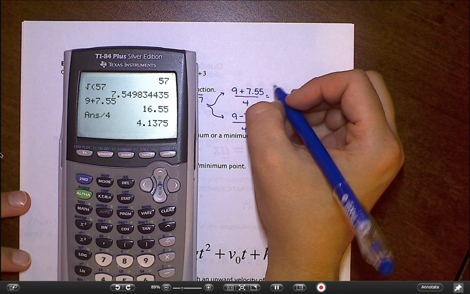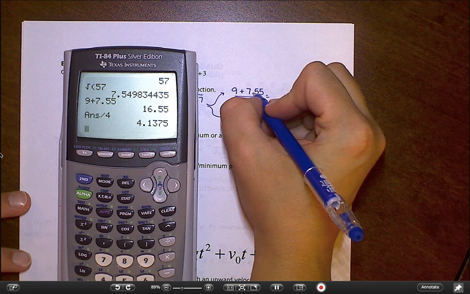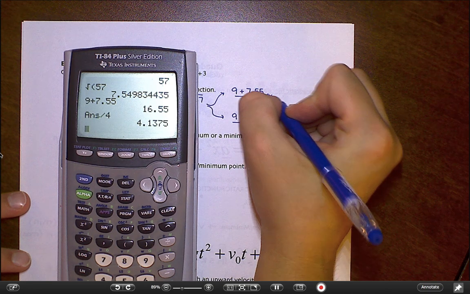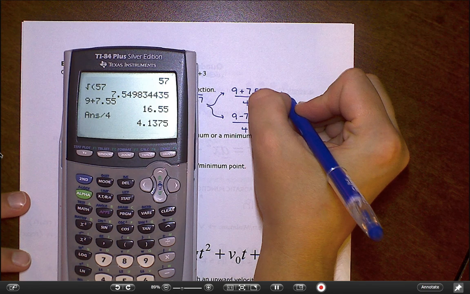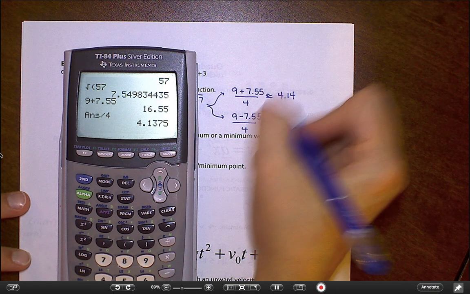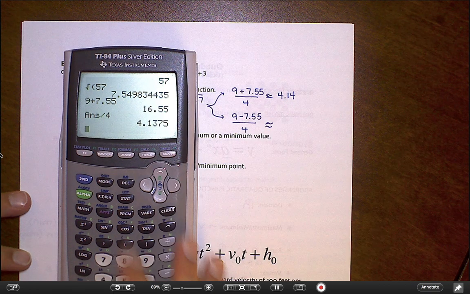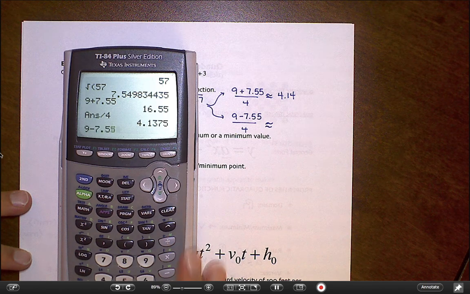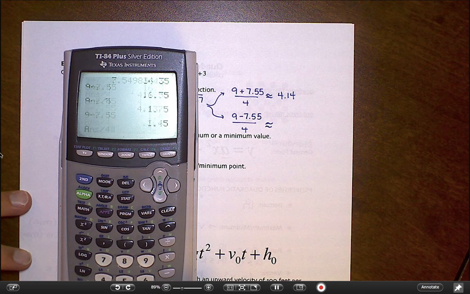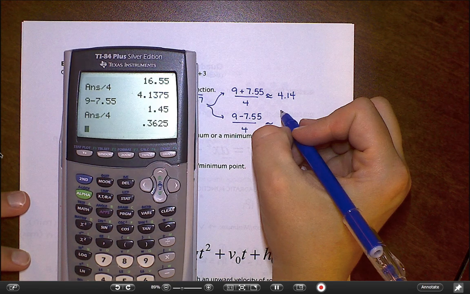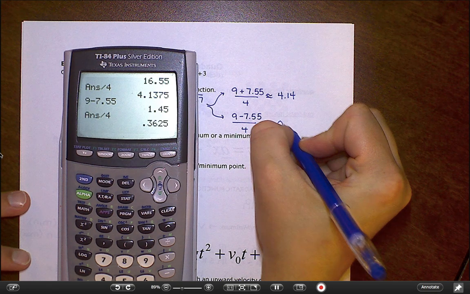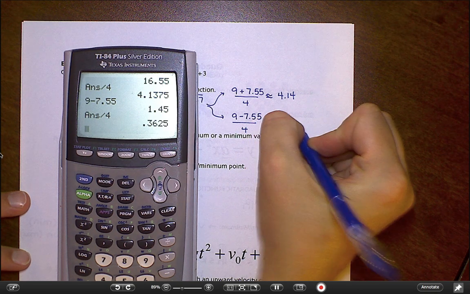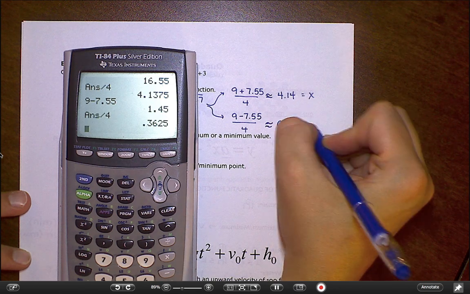And I'm going to feel okay about rounding this because I already rounded this number. So I'm going to just say this is approximately equal to 4.14. And then this guy is approximately equal to 0.36. And these are your x-intercepts.